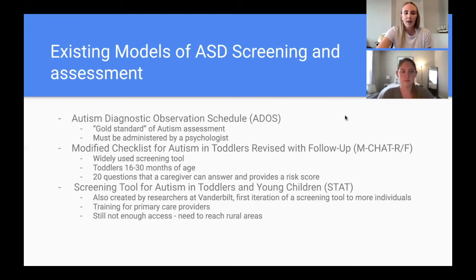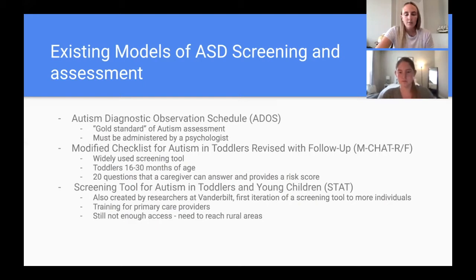And then there's the Screening Tool for Autism in Toddlers and Young Children, which is a screening tool that was also created by researchers at Vanderbilt. And it was the first iteration of the screening tool that is now the TELE ASD PEDS. And its purpose was trying to train other primary care providers in assessing and diagnosing autism, so that there could be greater access for receiving a diagnosis.